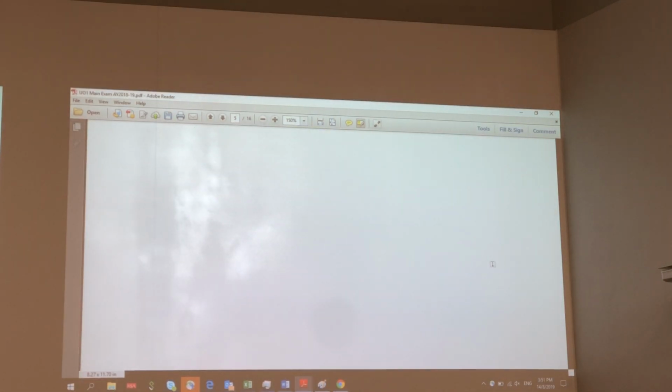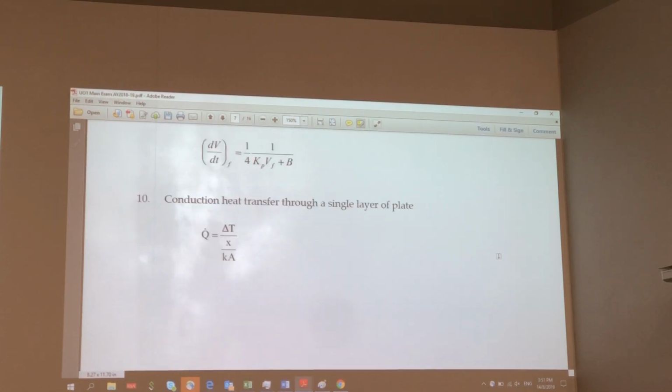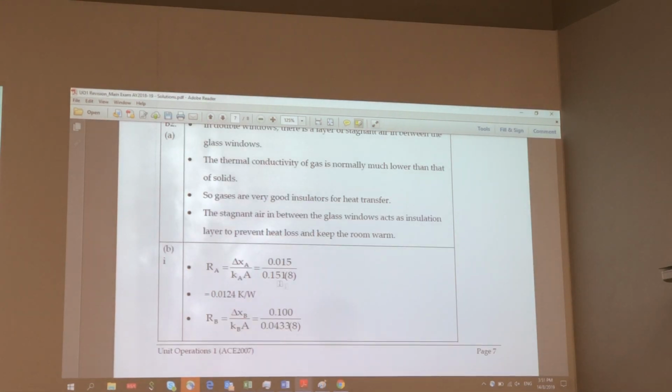Let's see what type of equation is given. We will give you this one. You should know that below here is your resistance. You just apply it here. This is your resistance. This one, no need to include delta x, you can write x directly.